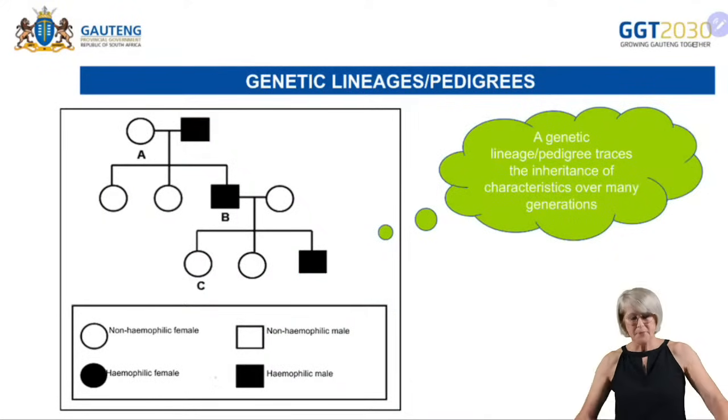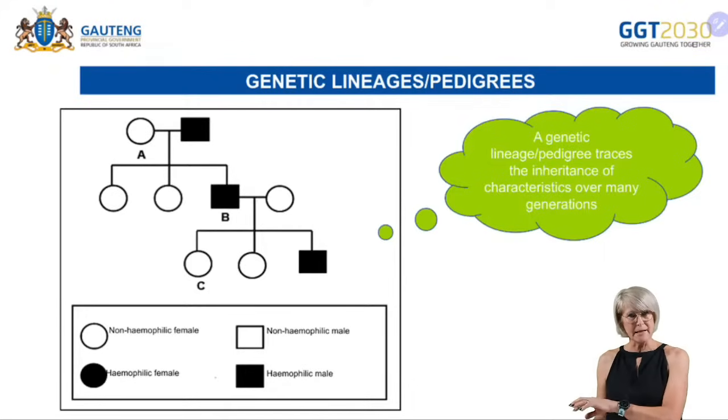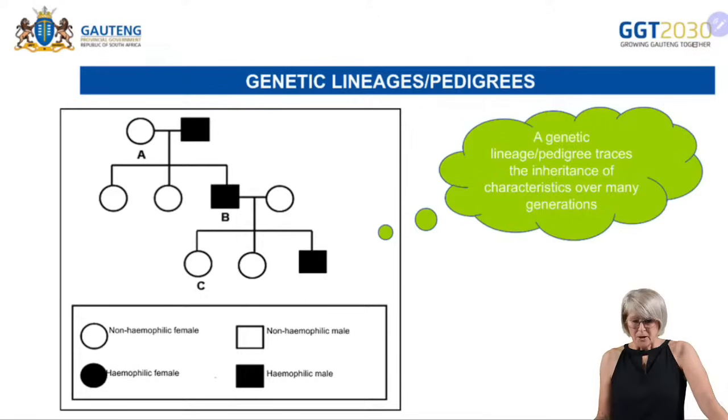All right, now let's have a look at genetic lineages, or what we commonly know as a pedigree diagram. And please understand the difference between a pedigree diagram and a phylogenetic tree, which we will discuss later on in the program. A pedigree diagram shows genetic inheritance, where we can see a characteristic as it is passed on or inherited in a family.